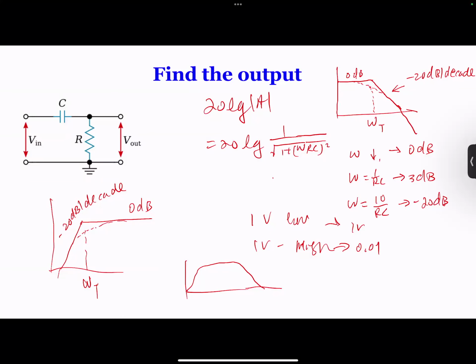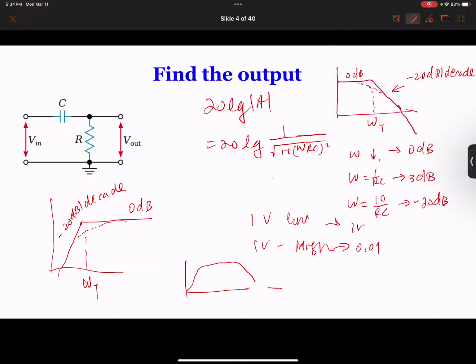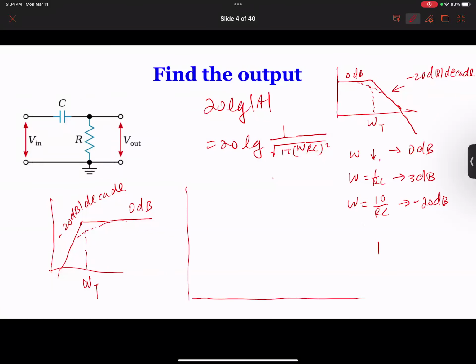I don't have space anymore, but I can erase this so that I can give you a better understanding. You can have something like this, with very high attenuation, very deep attenuation.